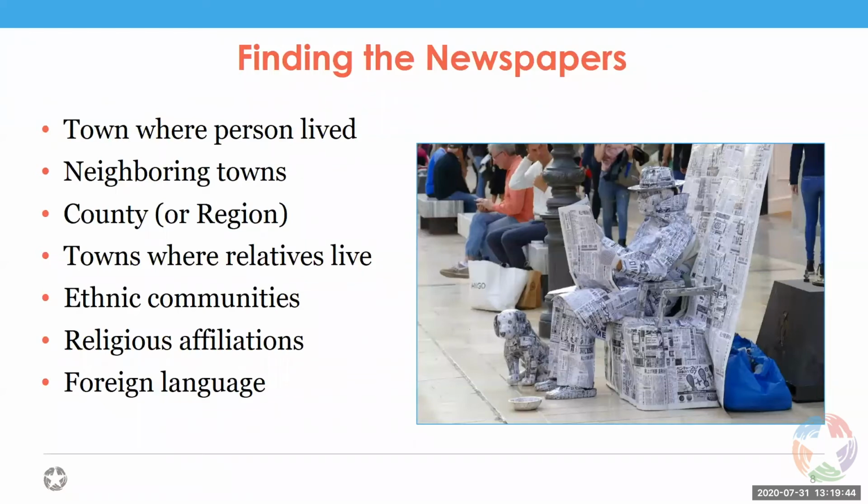Sometimes neighboring towns or cities would have information covering a little bit larger area than just their immediate town. They covered a larger area of a county. The same goes for the county or the region.